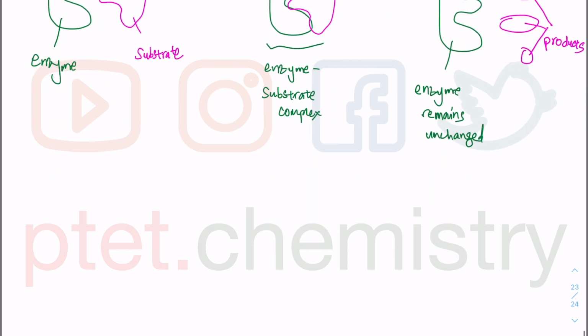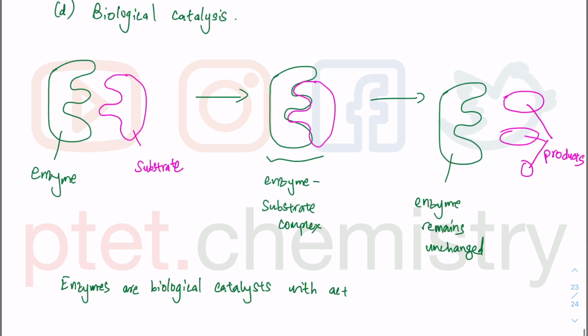In terms of your descriptions, I suppose you can say enzymes are biological catalysts. There's always a very powerful term to use, biological catalyst. Okay, so we need to talk about the active site. The active site is basically where the substrate comes in and binds to the surface, and that's where the catalysis actually happens.